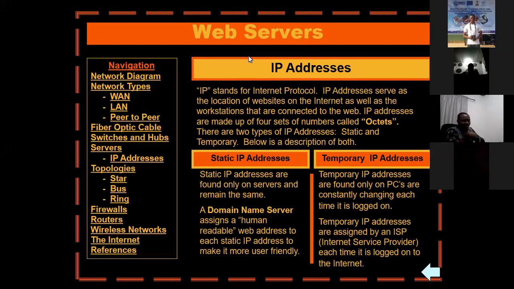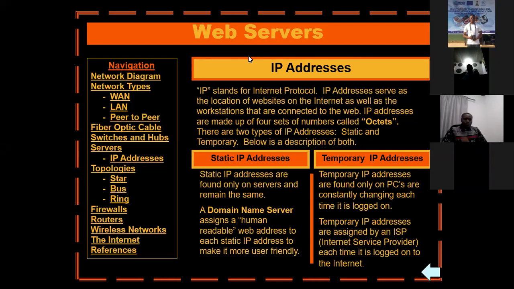The IP address given to me by the ISP is 192.168.43.1. That is what I'm connecting with. So whoever will connect to this Wi-Fi or my mobile hotspot will have to fall between 2 to 255. So that is that demonstration.